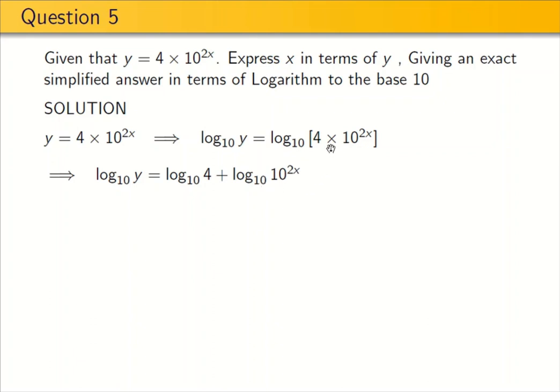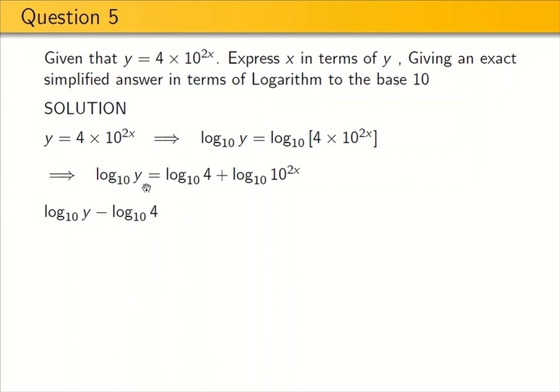Okay. I hope this is correct, right? Just mind you, you should always use the properties of logarithm in solving logarithm questions. Okay. All right. Log y, mind you, you are trying to make x the subject. You are saying that we should express x in terms of y. So in other words, you are making x the subject.